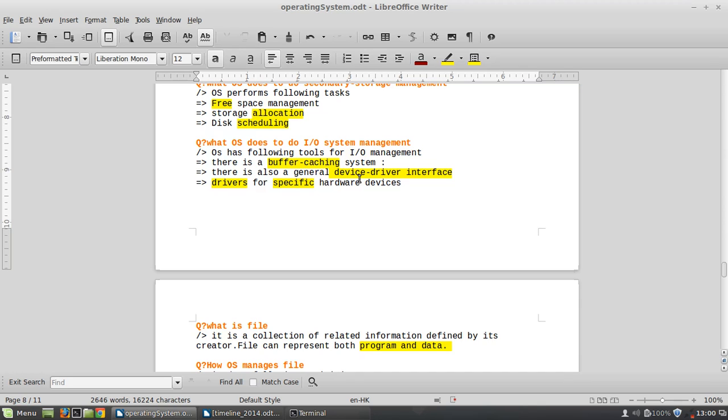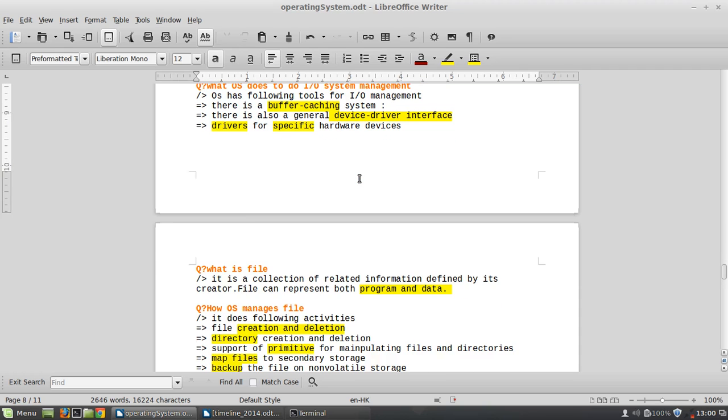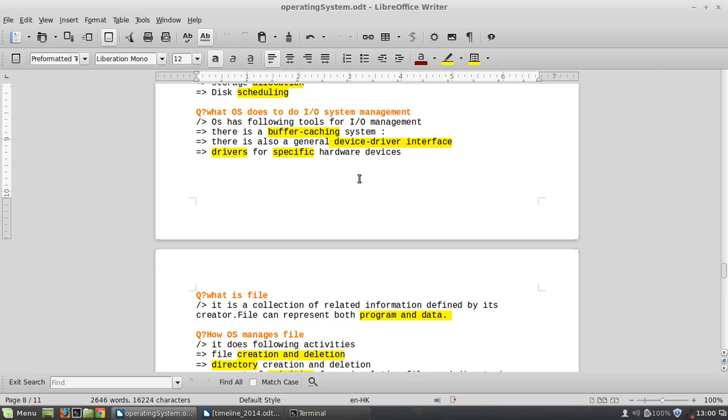And next, how does the operating system manage the input and output system? The operating system has the following tools to manage the I/O system: the buffer caching system, the device driver interface, and the drivers for specific hardware devices.